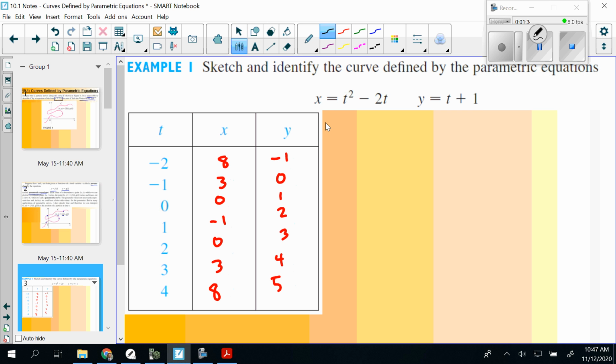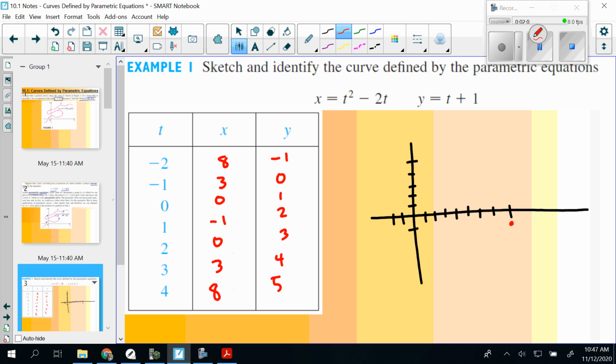Now what we want to do is graph this out. So we're going to create a graph here, and then graph these points. Let's start with the first one. With the parameter of -2, we get the point (8, -1), which would be right here.